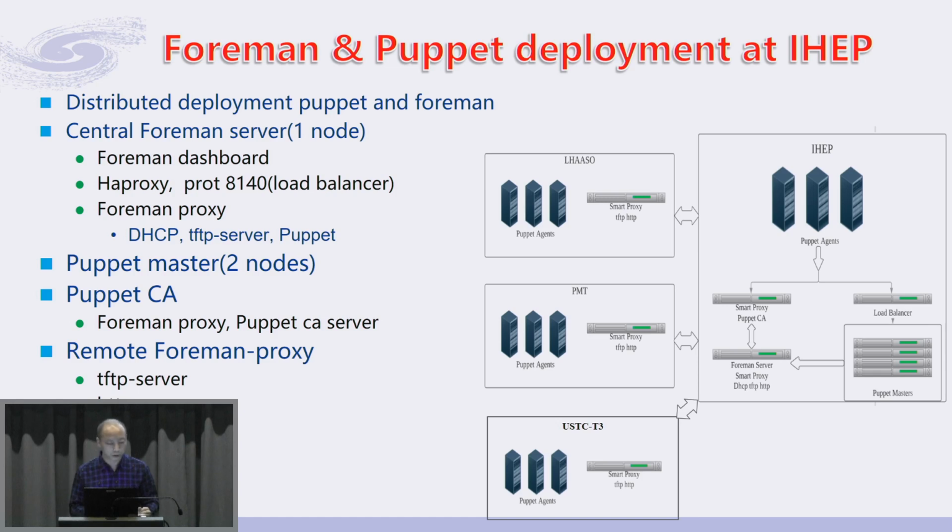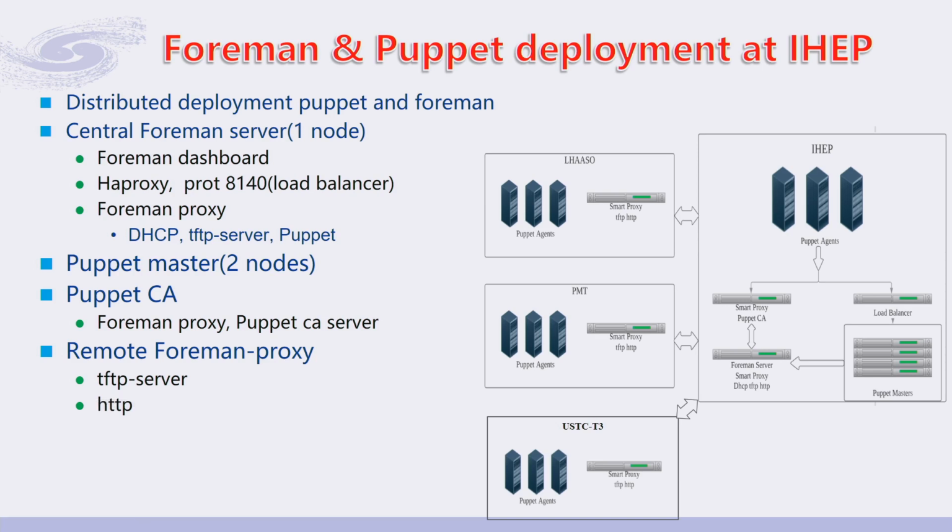We use this distributed deployment, and one Foreman central server running the Foreman dashboard and the HAProxy for Puppet client redirection to the several Puppet masters, and the Foreman proxy to manage the DHCP and the TFTP server and the Puppet. And we have a standalone Puppet CA to manage the Puppet authentication and two Puppet masters for the client requests.